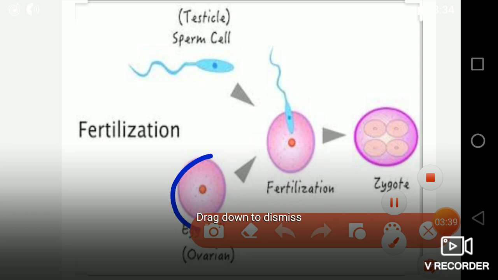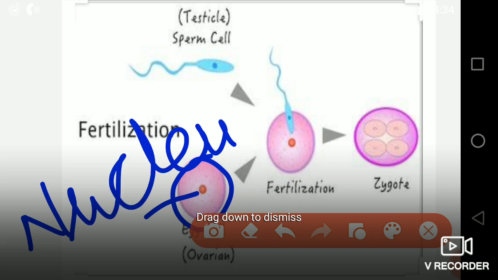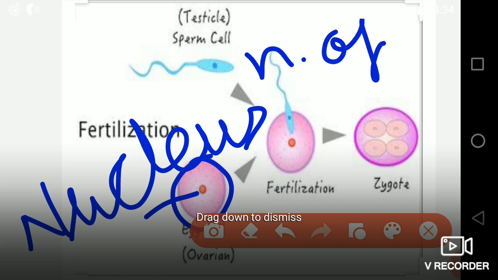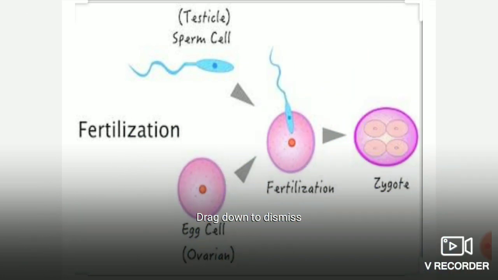So you can see the ovum here. In the ovum, this is the nucleus. The nucleus of the sperm and ovum always contain n number of chromosomes, and they do the fertilization.